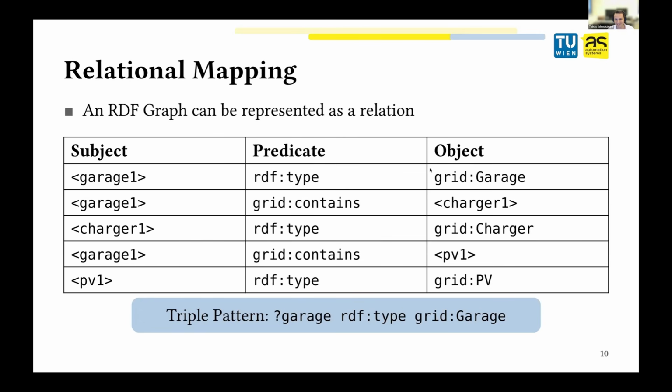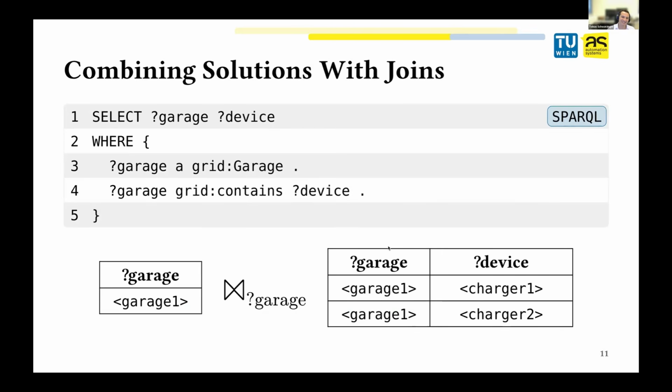If that makes sense, we have an example on the next slide where we can now combine the solutions of multiple triple patterns. So here that was the example from the slide before. And here we have a second variable, and we can just join them together to evaluate the entire graph pattern over our triple table.